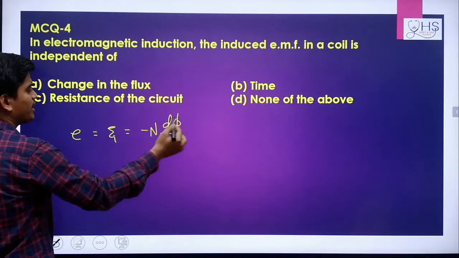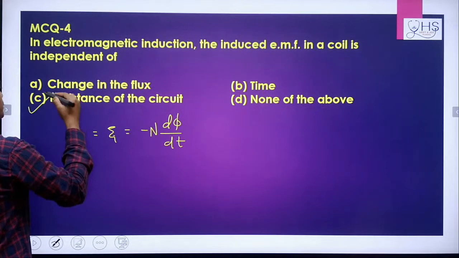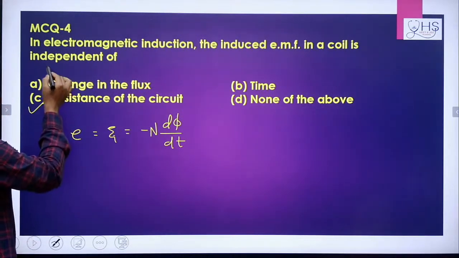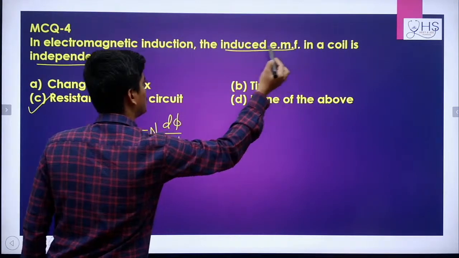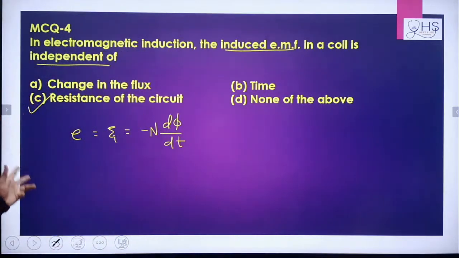But I am not getting resistance anywhere, so the answer will be that induced EMF is independent of the resistance of the circuit. So remember, induced EMF does not depend on the resistance, it depends on the change in flux and the time, or the rate of change of flux. I hope you understand.